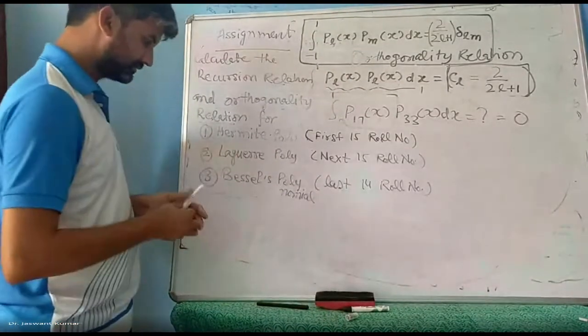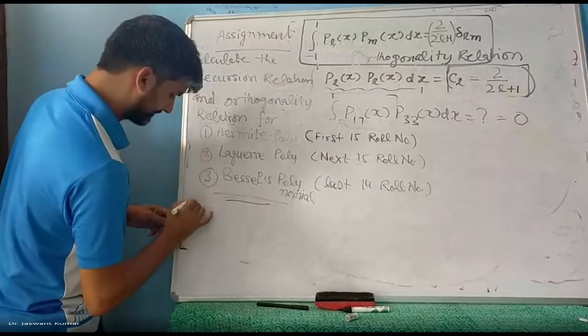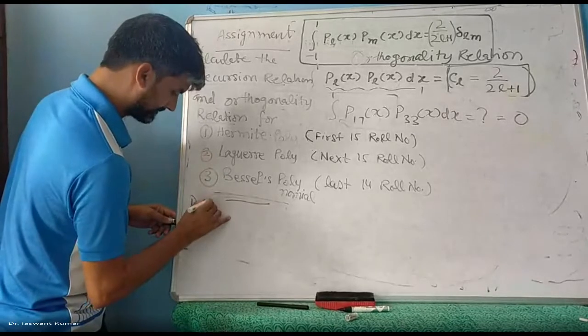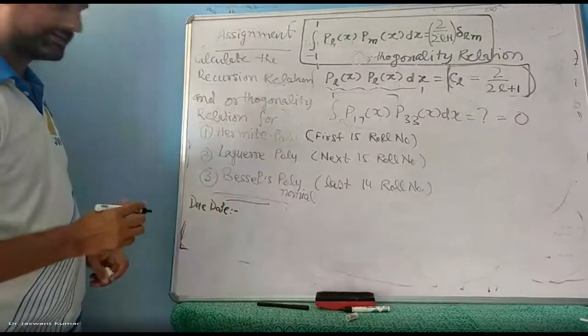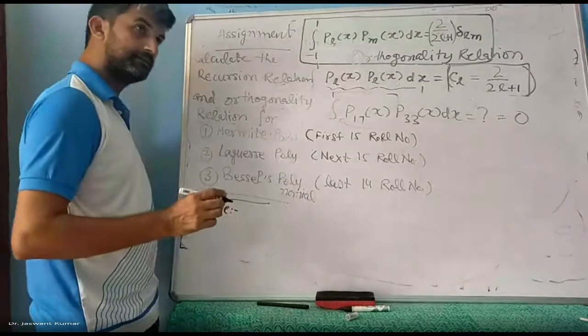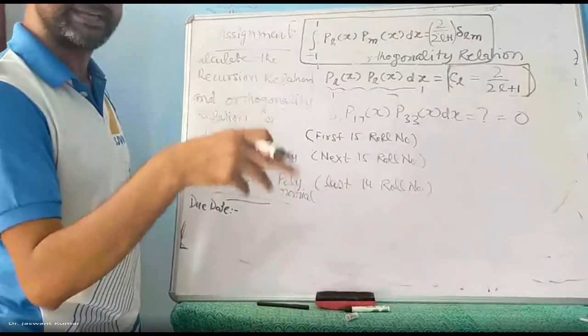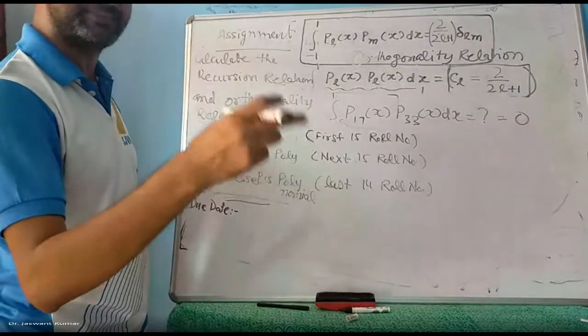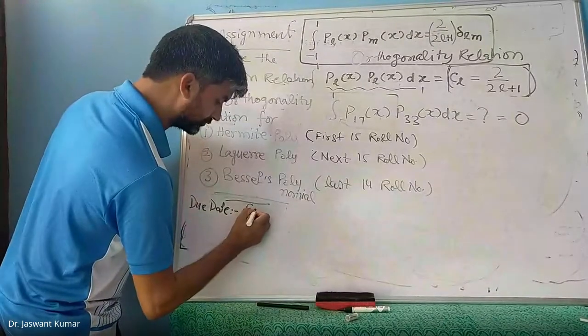So the due date for the assignment: one Sunday is coming in 2-3 days, and there is another Sunday coming after that. The first Sunday of June.